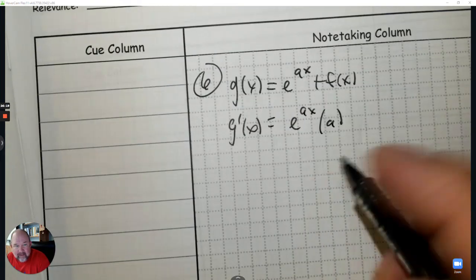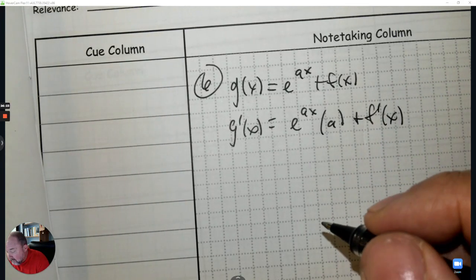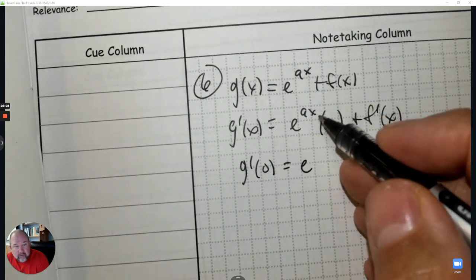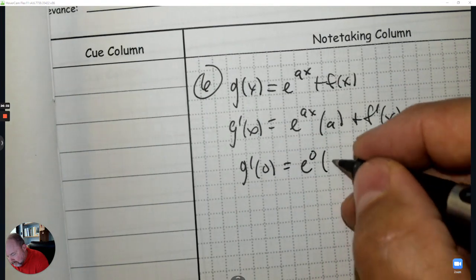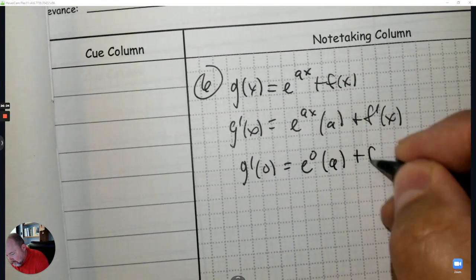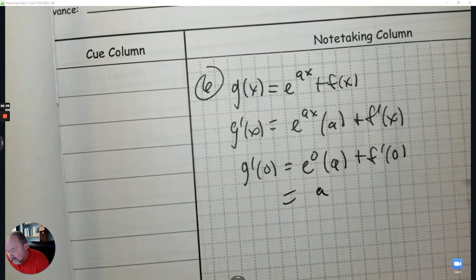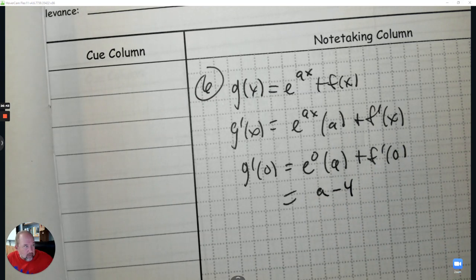The derivative of ax is just a. And then the derivative of f of x. There's the derivative. The derivative at 0 would be, you plug in 0, e to the 0 is 1, so you have a. F prime at 0 is negative 4, so you get a minus 4.